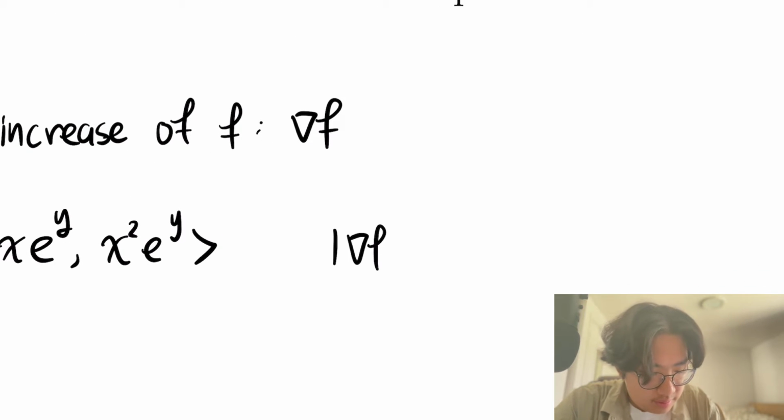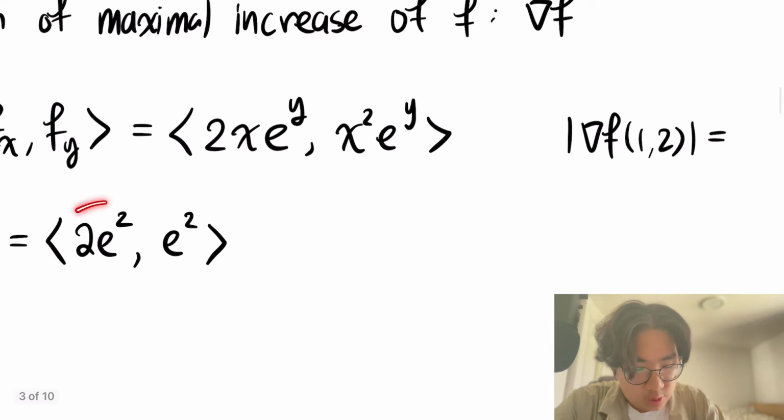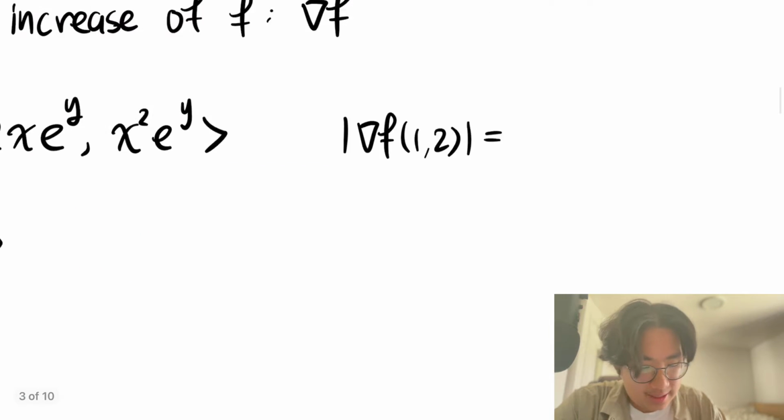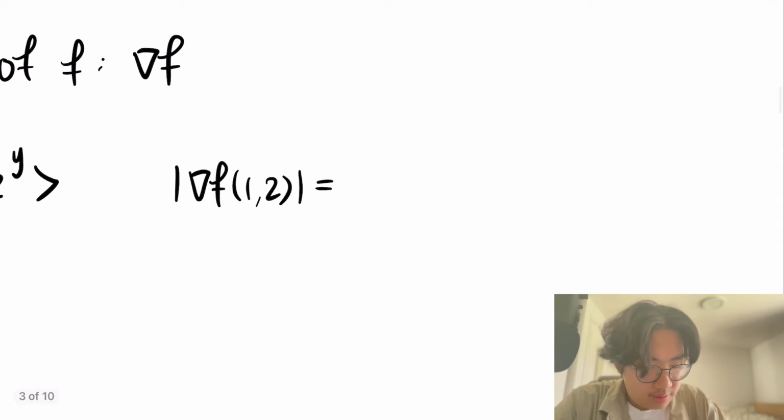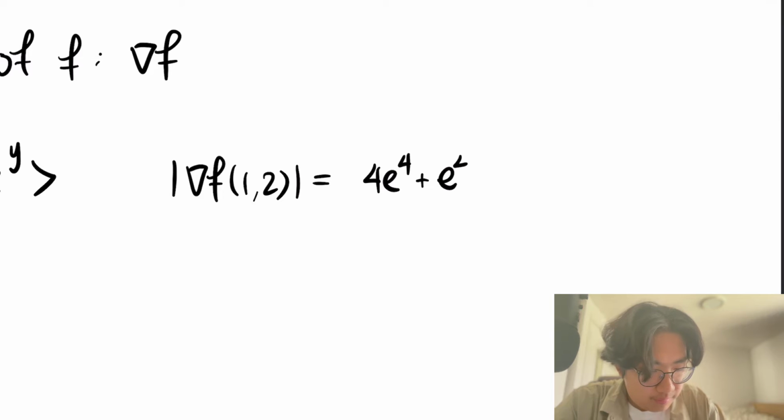Okay, magnitude of del f at 1 comma 2. We're just squaring each of these components and adding them. So 4e to the power of 4 plus e to the power of 4, taking the square root of that.